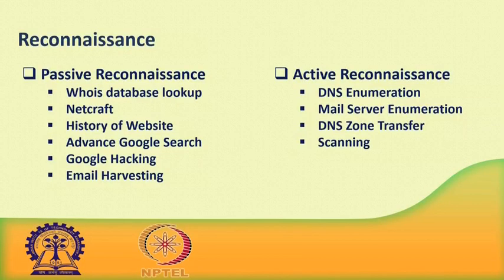Google search. The Google search engine is a hacker's best friend, especially when it comes to information gathering. Google supports the use of various search operators which allow a user to narrow down and pinpoint search results.